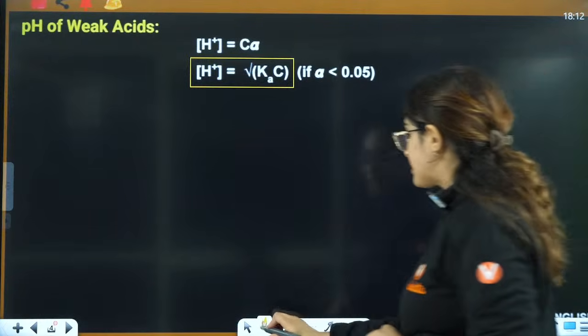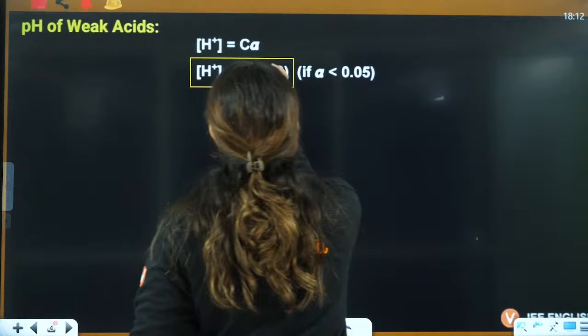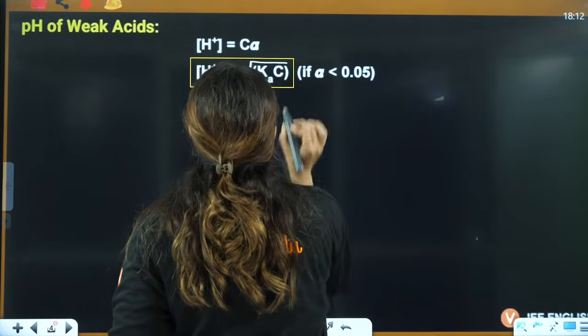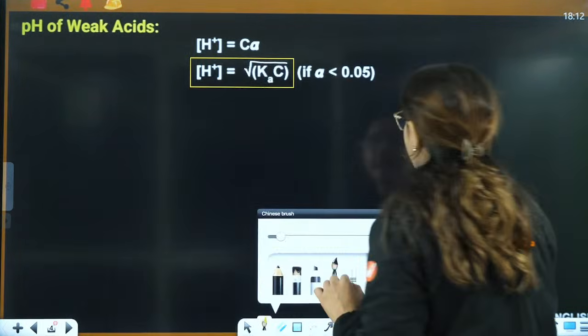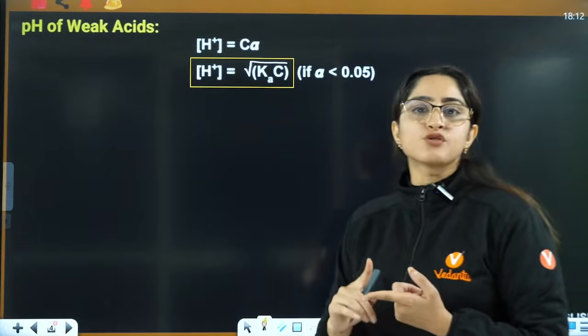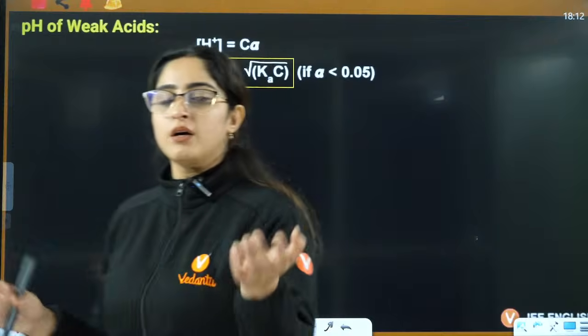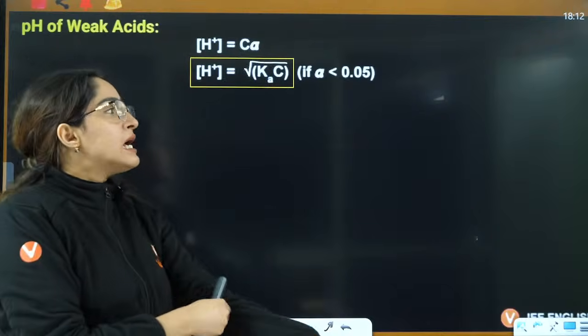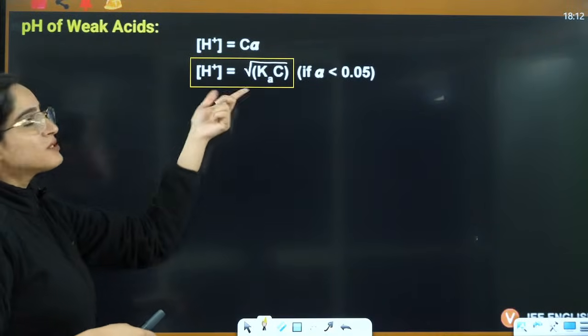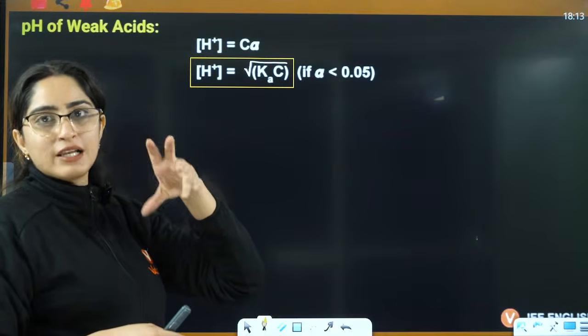We discussed in the last class why it is so, right? C is the initial concentration, Ka is the dissociation constant, and H positive is the concentration of H positive ions.